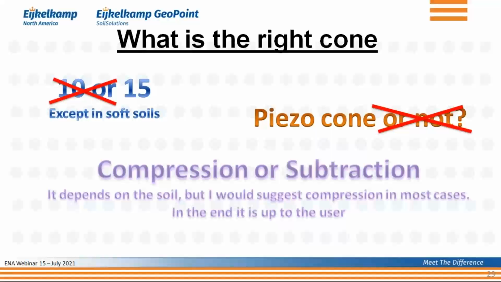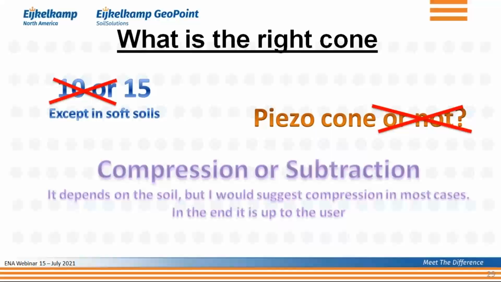But if you know that you're going to deal with soft soils, you may pick your 10 centimeter square cone. And if you are not so much worried about the values of your sleeve friction, if the tip resistance is the most important thing, you may pick your subtraction type cone. But for ones where you want to have accurate readings on your sleeve friction, you pick your compression type cone. That's great if you have this wide range of cones on your truck.